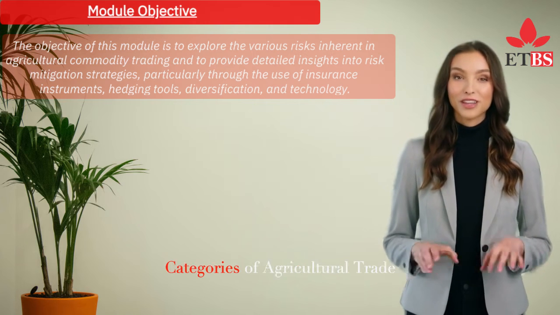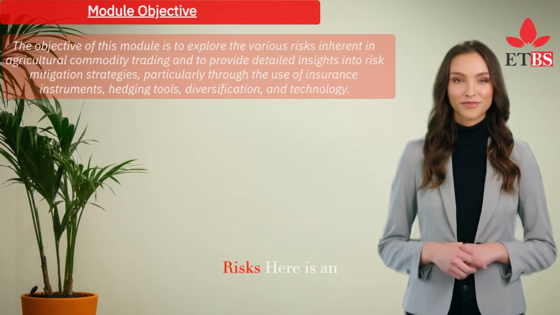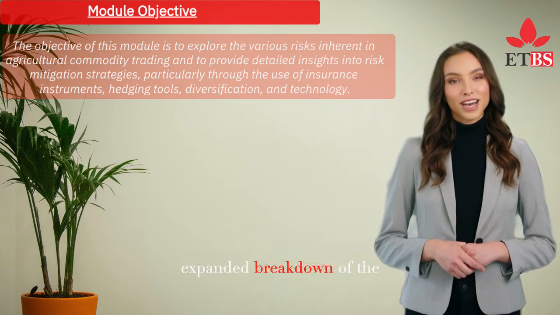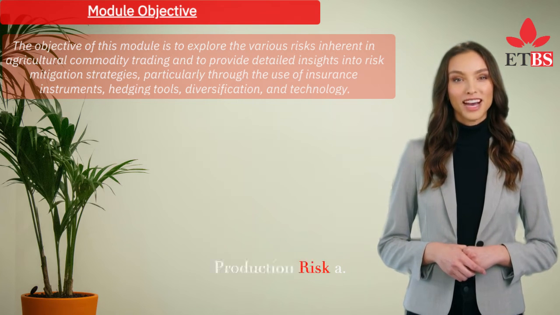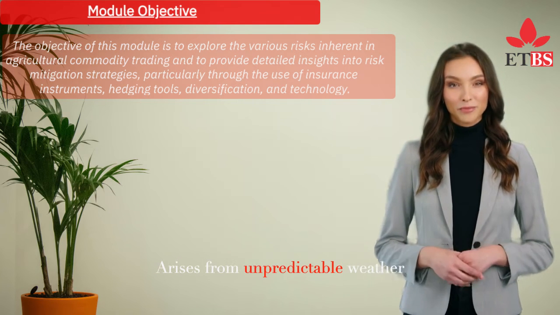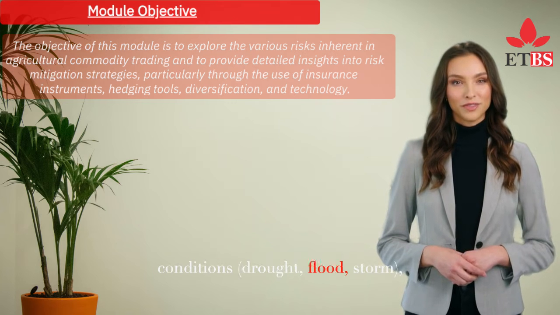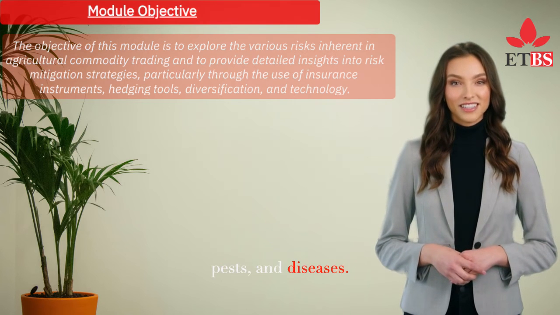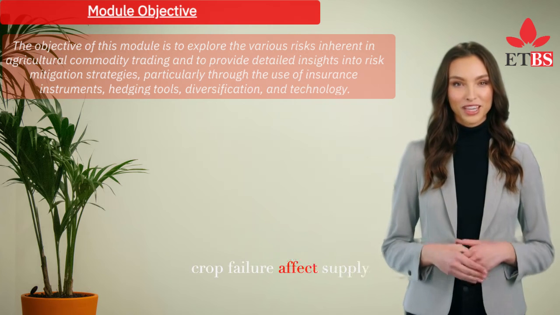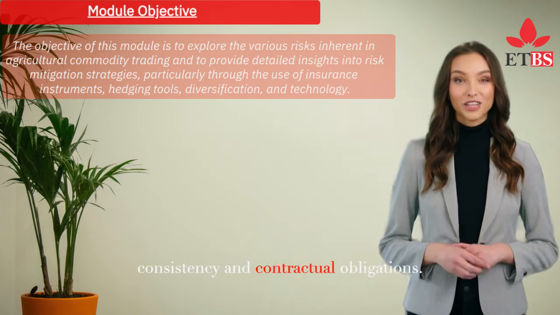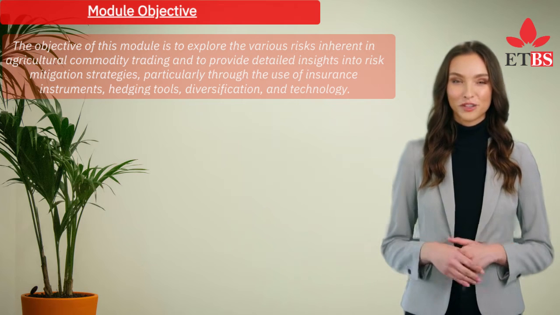2. Categories of agricultural trade risks. Here is an expanded breakdown of the common risk types. 1. Production risk. A. Arises from unpredictable weather conditions, drought, flood, storm, pests, and diseases. B. Poor yields or total crop failure affects supply consistency and contractual obligations. 2.